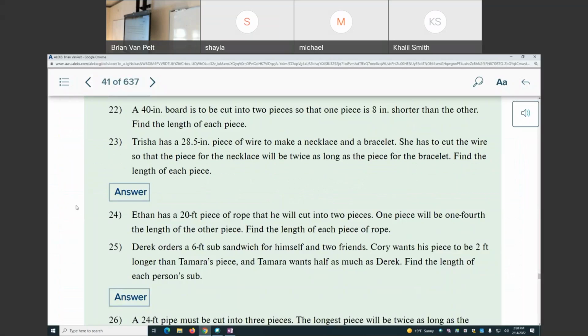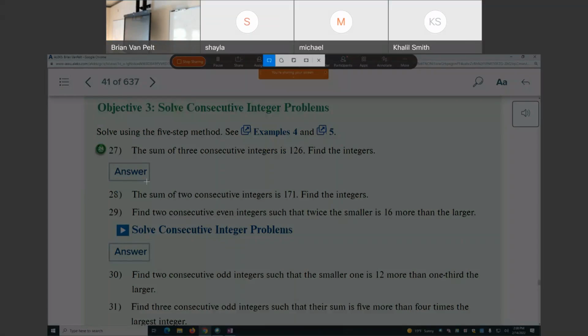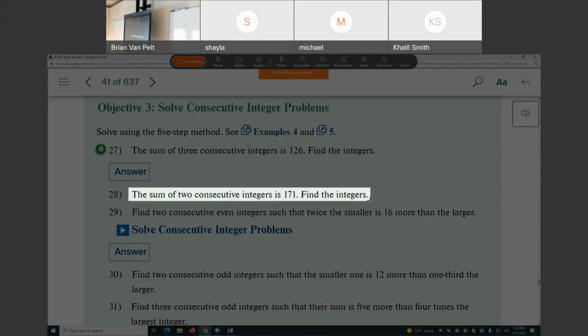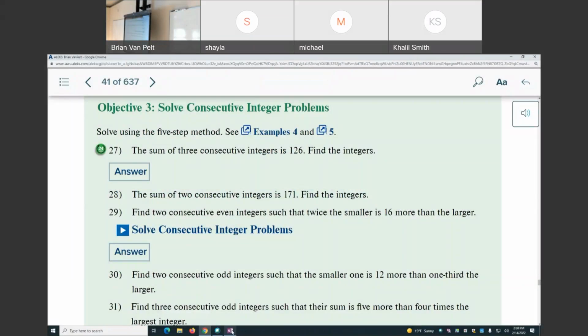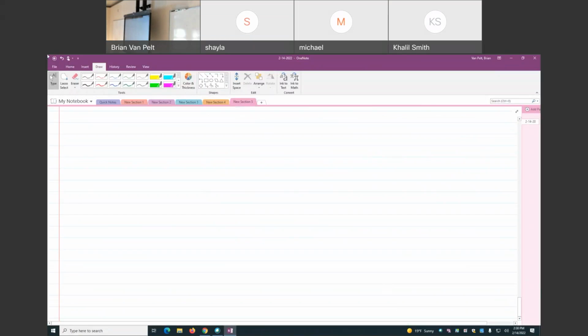Let's see if they have any others in this. Ah, yes, these things. So a different style of problem looks like this.